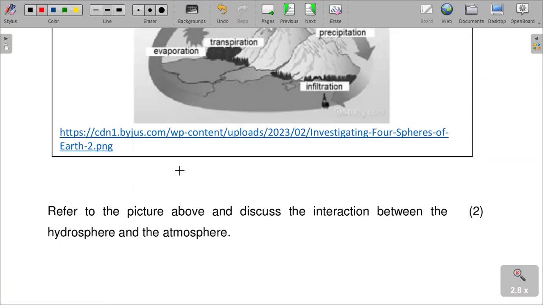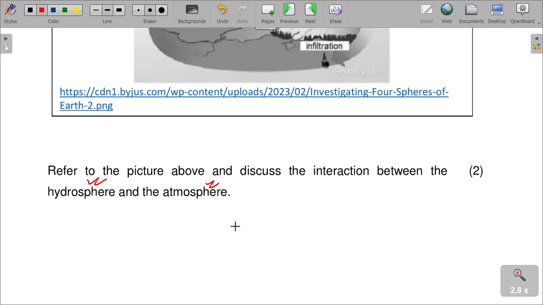We can actually say that, one, water vapor condenses to form clouds.